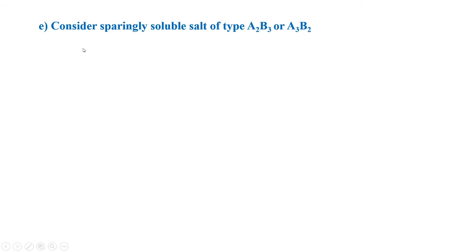And the last type, A2B3 or A3B2 type. Similarly, for this type we can write the ionization reaction: A3B2 gives 3A2+ plus 2B3-. Here 3 and 2 indicate the number of moles.